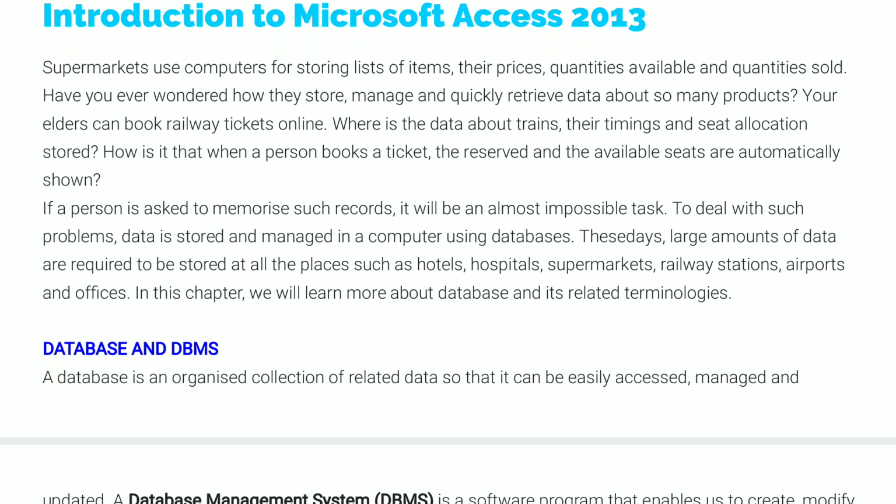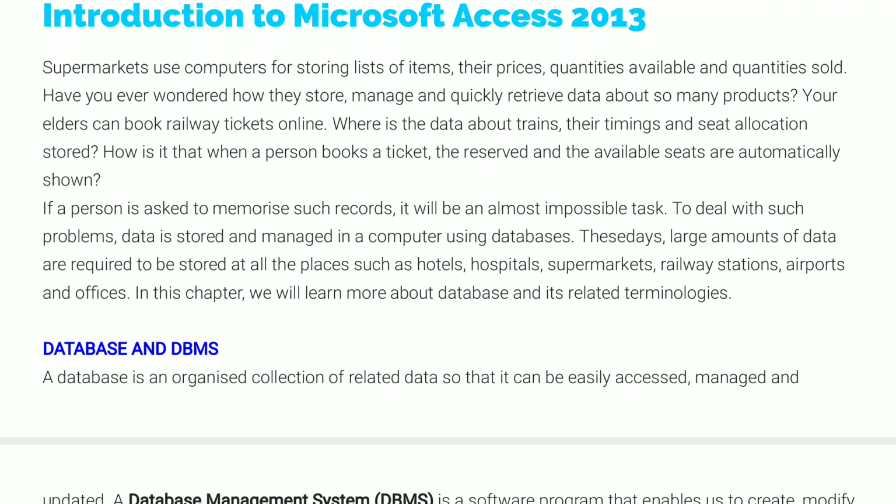Take one more example. If we have to get information regarding trains available between two stations, we can visit the IRCTC website and provide details like source station, destination station, and the date of journey. As we click on the search trains button, all the details regarding our required trains will be listed.